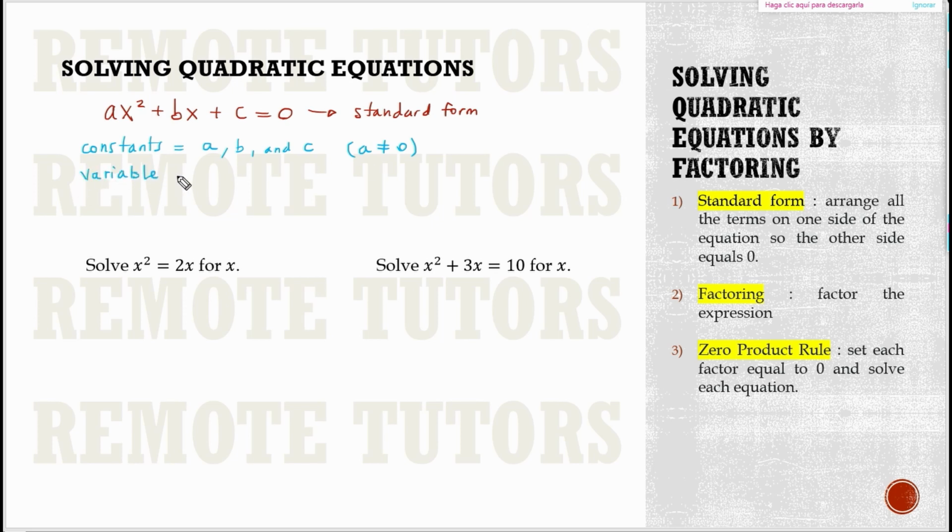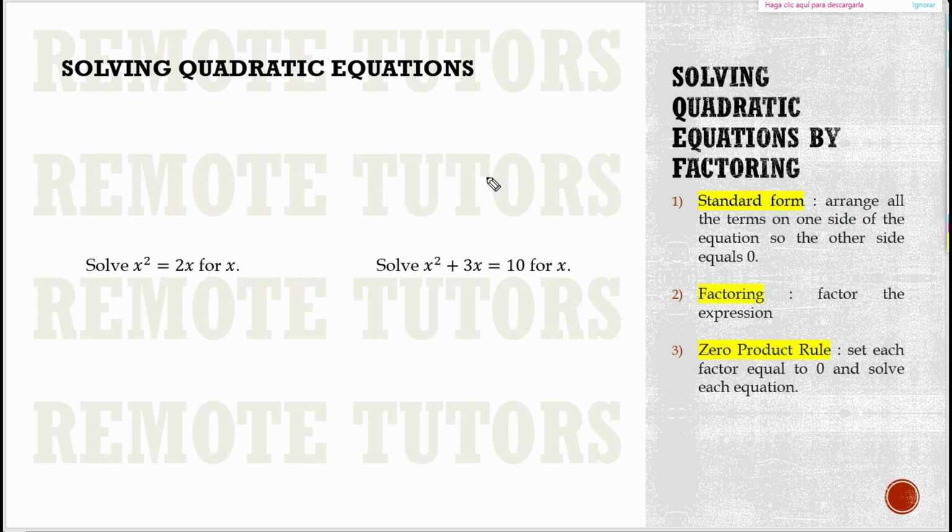The variable will be x, and the values of x are known as either solutions, roots, or zeros. So if they ask you to calculate the roots of the equation, they're asking you to find the solutions. In other words, the values of variable x.